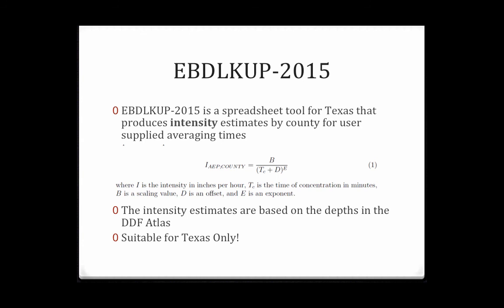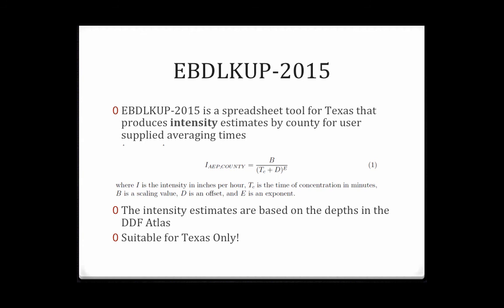And the E, the B, and the D refer to the coefficients in this power law model. So I is the intensity in inches per hour, T sub C is the time of concentration in minutes, B is some scaling value, D is an offset in minutes, and E is an exponent.